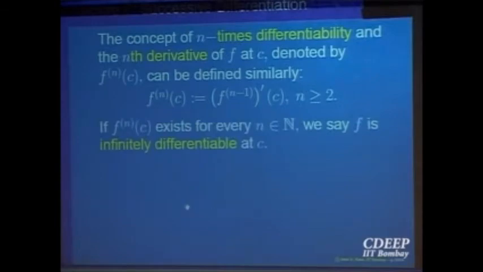And if a function is differentiable for every n, then you say the function is infinitely differentiable, any number of times. And all your trigonometric functions, polynomial functions, exponential function, they are all infinitely differentiable.